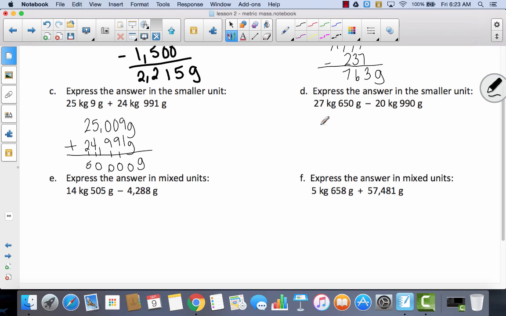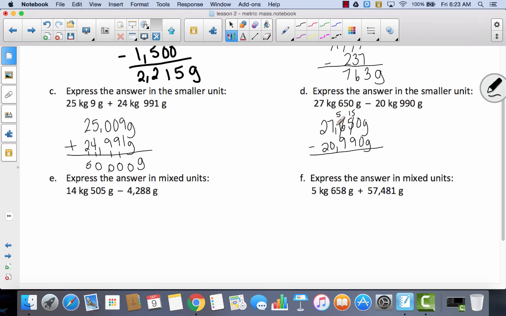All right, so this would be 27,650 grams minus 20,990 grams. So now I'm just going to subtract. I can subtract the ones, but I cannot subtract the tens, so I'm going to decompose 100, and that's going to give me 15 tens.